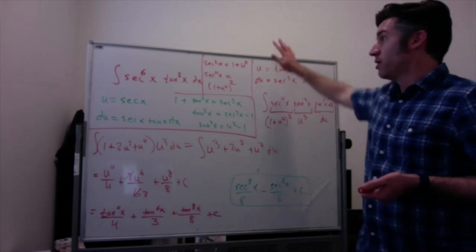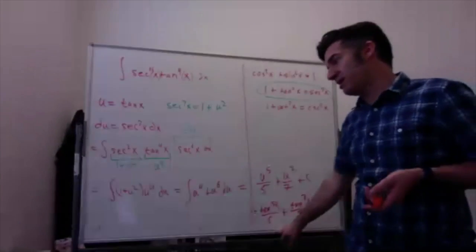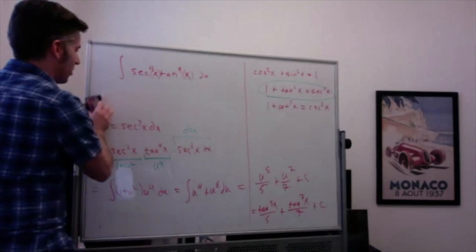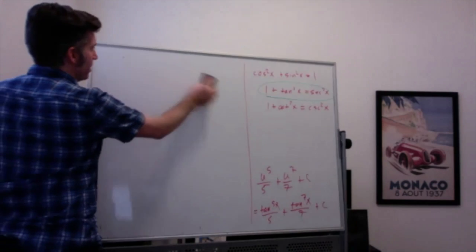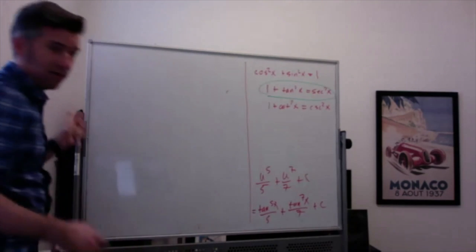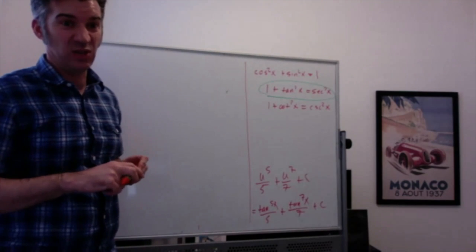Okay, so the last thing I'll say about these secants and tangents is there's only one combination of powers of secants and tangents that you cannot do this for. And that's when you have secant to an odd power and tangent to an even power.